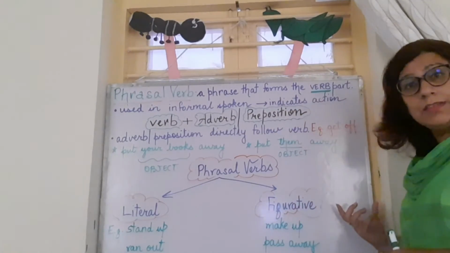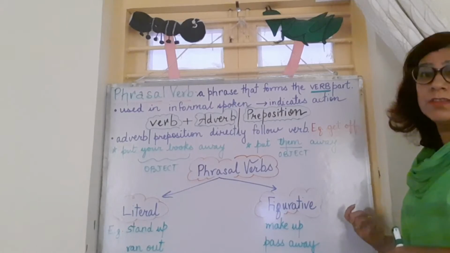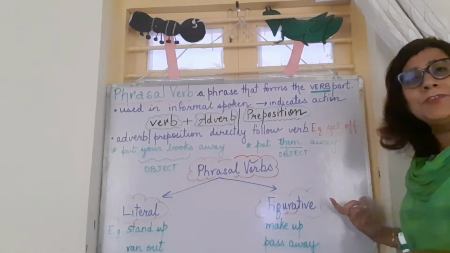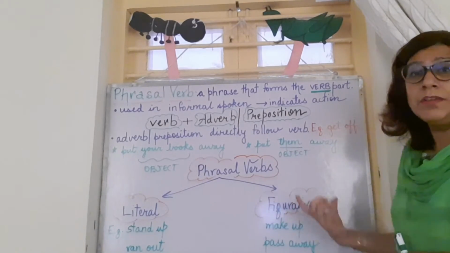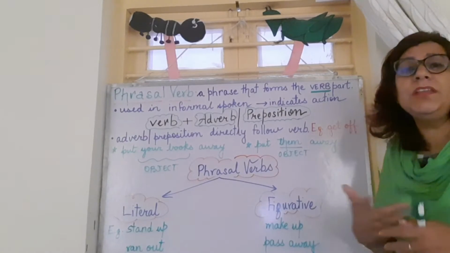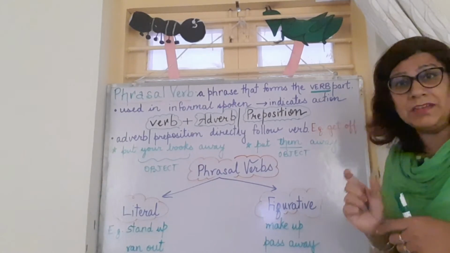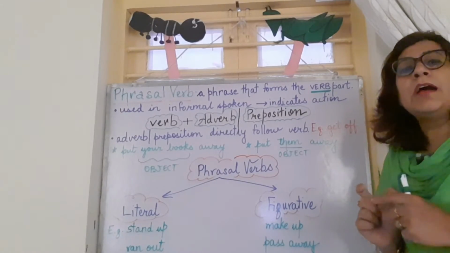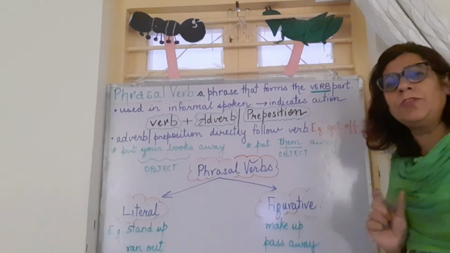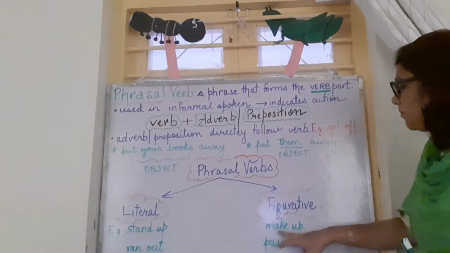But on the other side, figurative phrasal verbs are a little different from literal phrasal verbs. Here you have to figure out the meaning of the phrasal verb. We may read something and it means something quite different from the actual. Like make up.